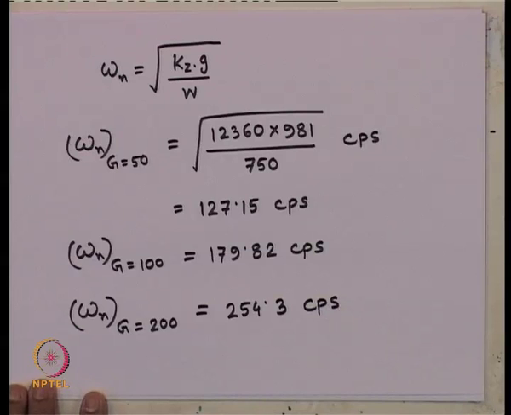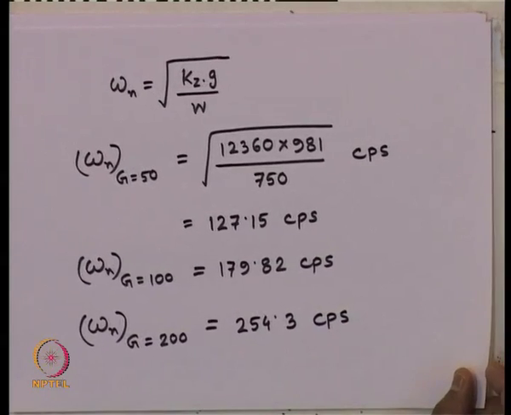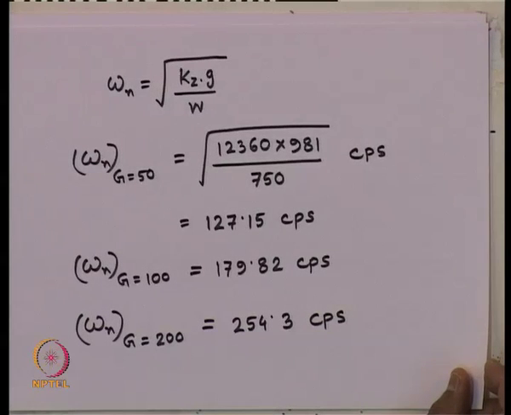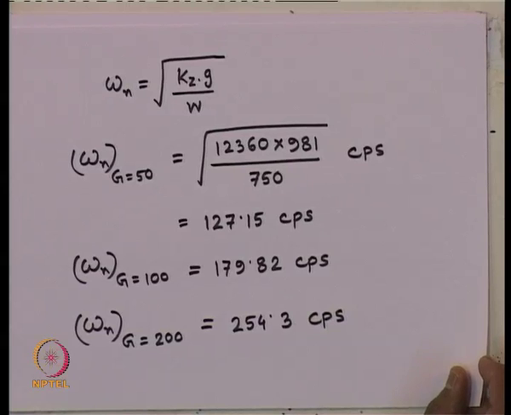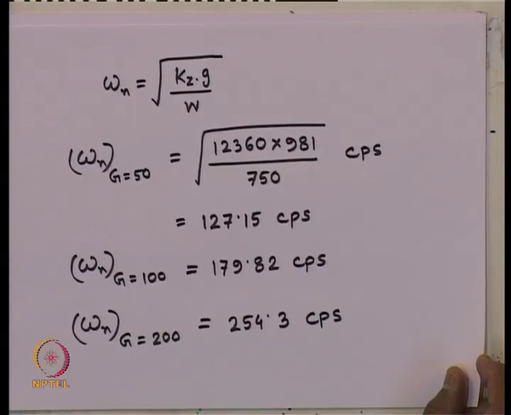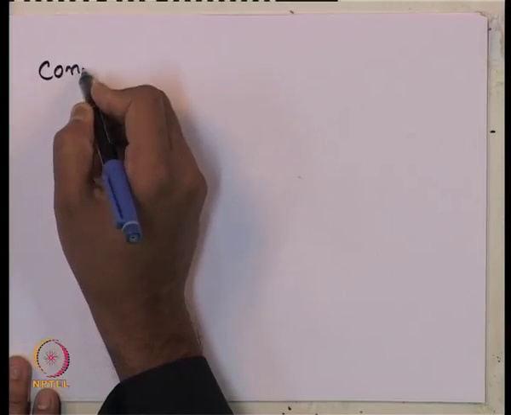So, we have computed the natural frequency also. Now, we have to solve this problem for two different cases: one is constant force type excitation and another is rotating mass type excitation. Let us start with constant force type first.